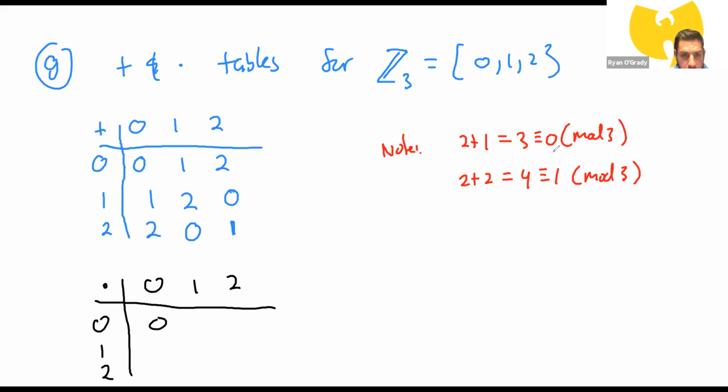There's lots of symmetry. What's 0 times anything? 0. 1 times 1 is 1. 2 times 1 is 2. What's 2 times 2? It's 4, but 4 is congruent to 1. And so the multiplication table looks like this.